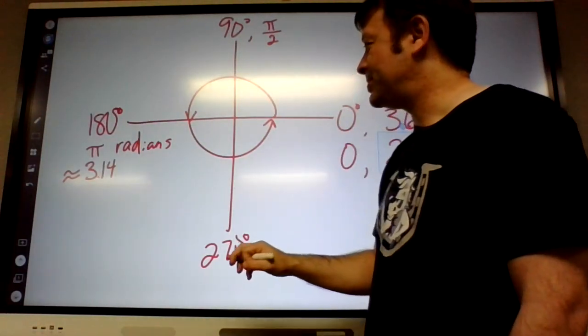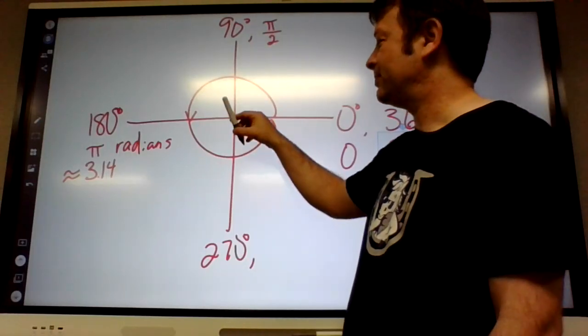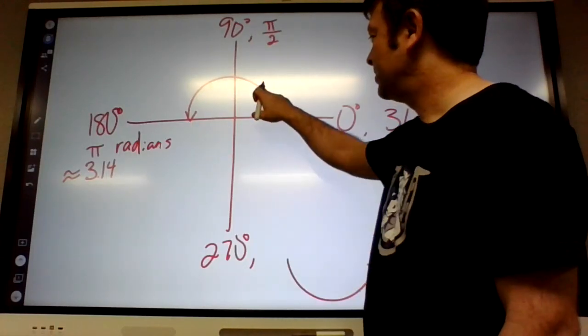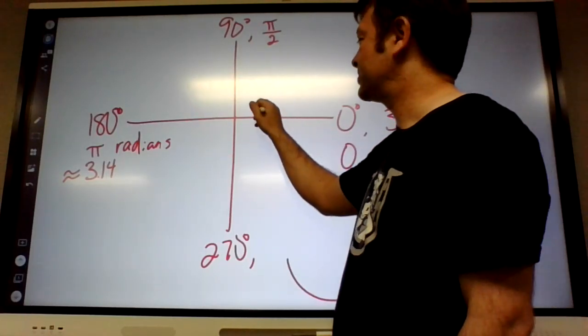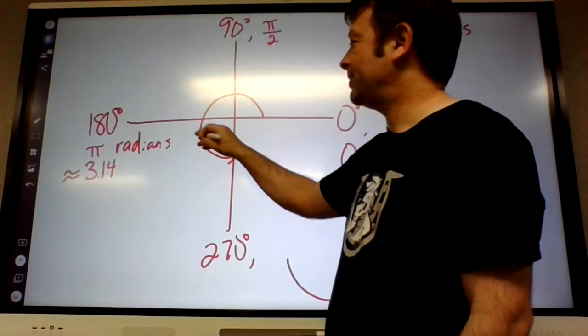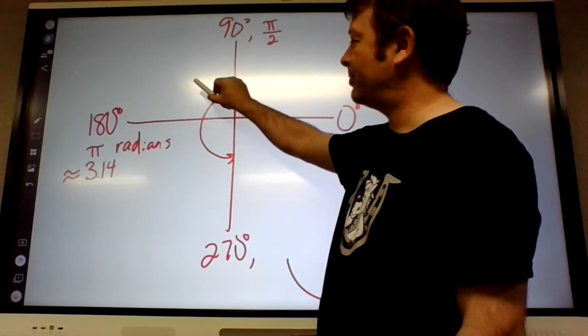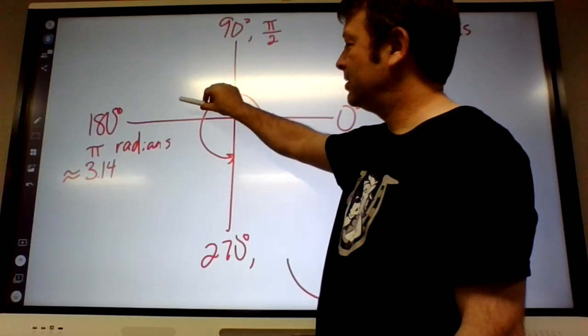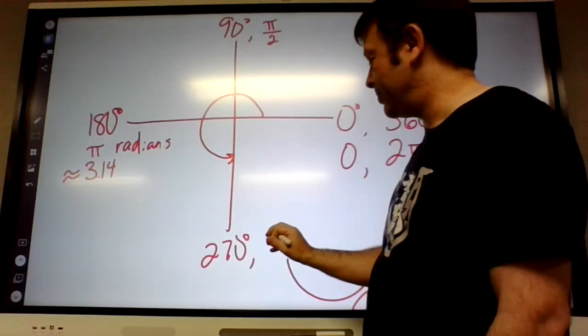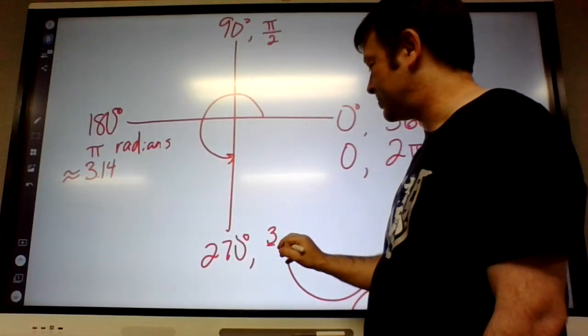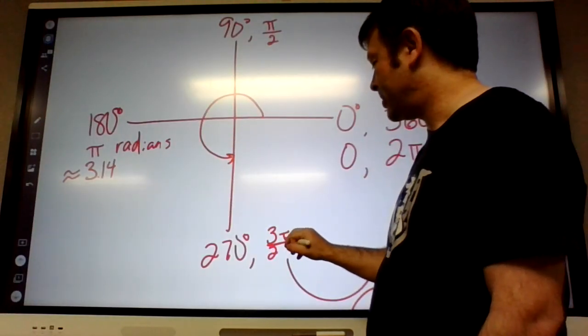And for 270, this is the trickiest one. 3/4 pi would actually be right here, since this is 1/2 pi and this is 1 pi. So it's 3/2 pi, or the way the book likes to write it, 3 pi over 2.